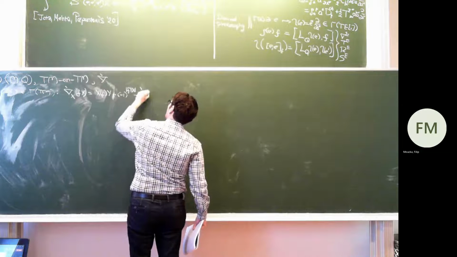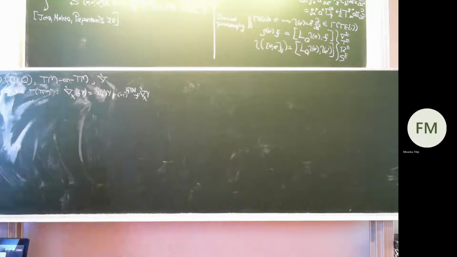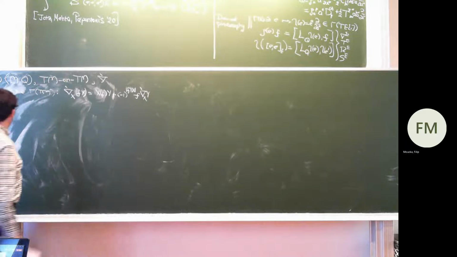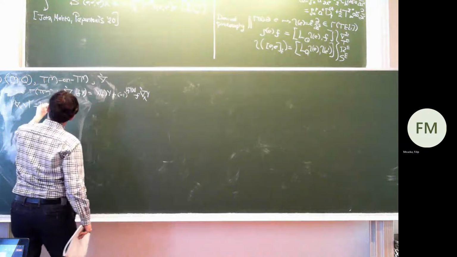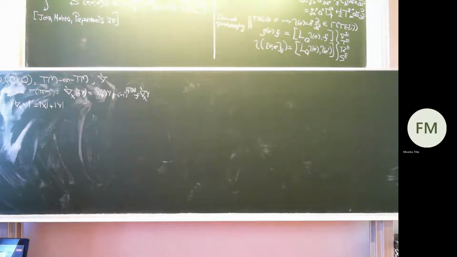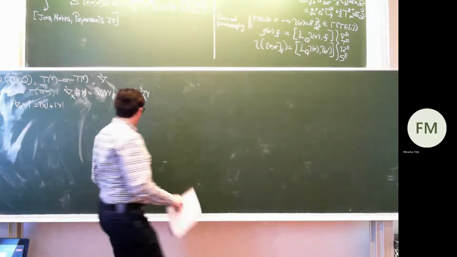So in other words, you only have to be careful with the signs, right? Because all this stuff can have degrees. The degree of nabla itself is 0. Okay, it doesn't have degree. So now what's nabla x y? Degree is x plus y.